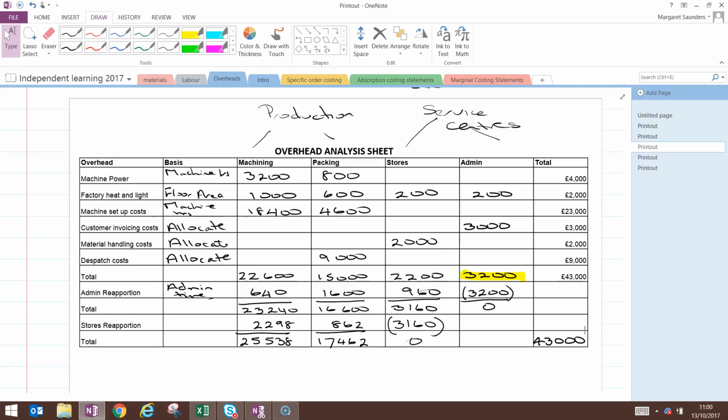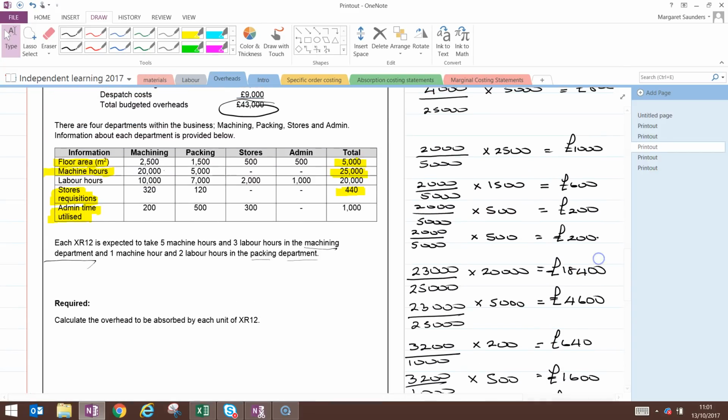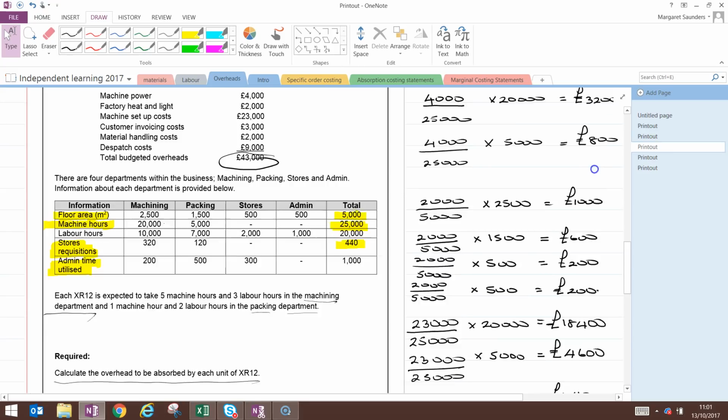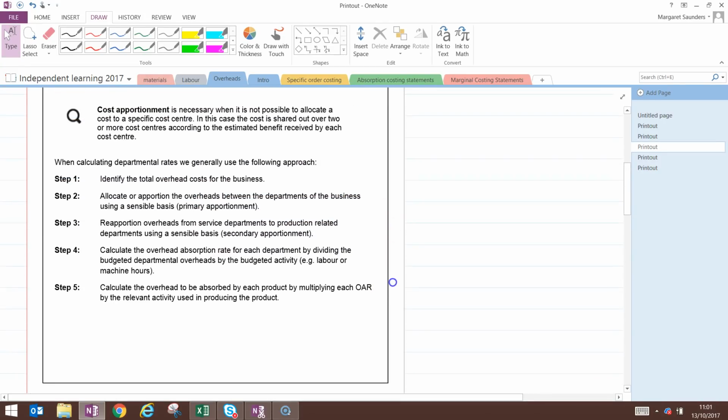So we've almost finished. Let's go back up and have a look at what we were required to do. We need to calculate the overhead to be absorbed. If we look at the steps, we've done step 1, step 2, step 3.